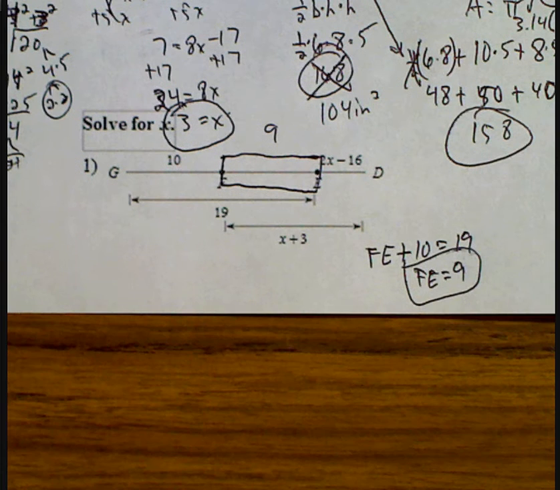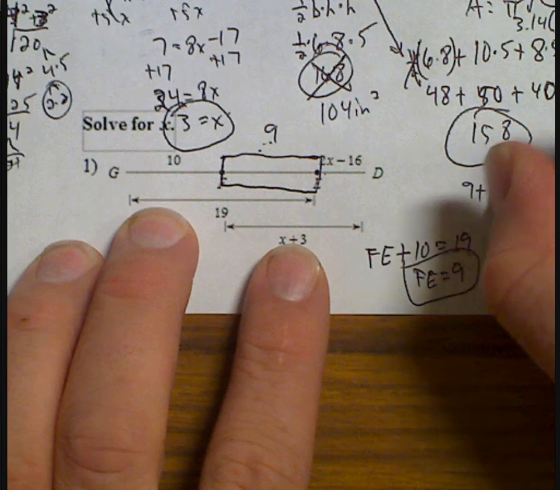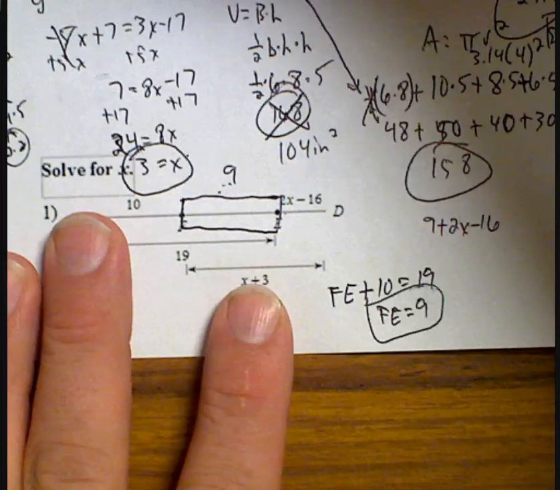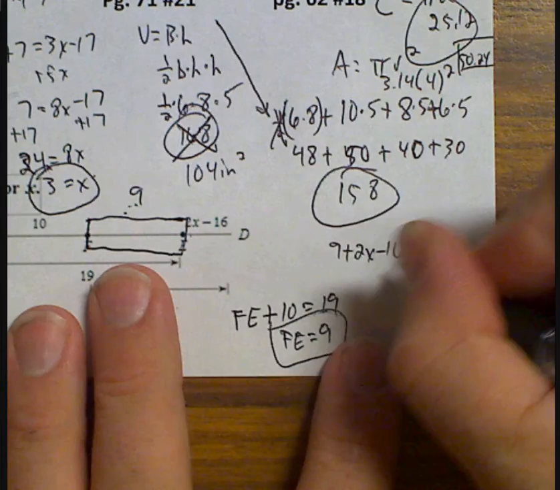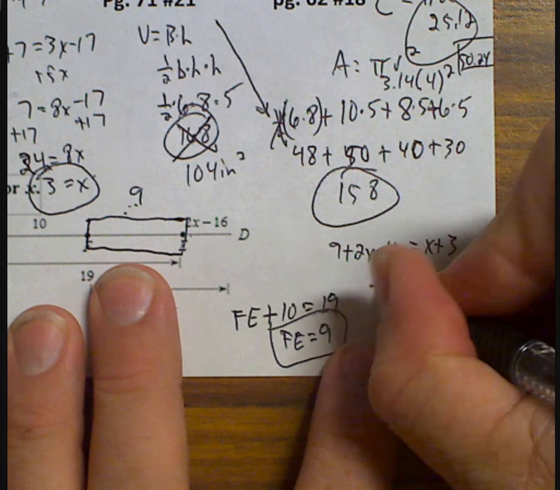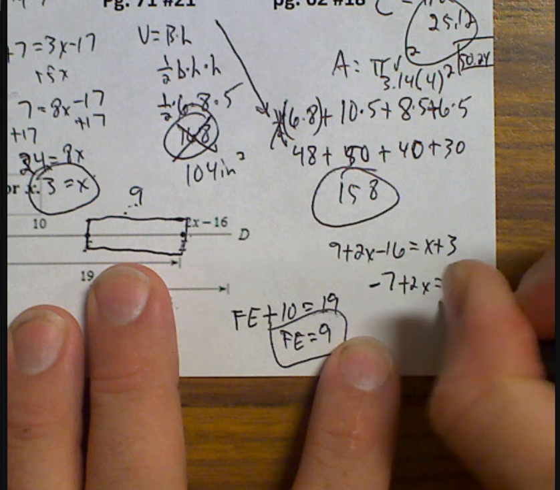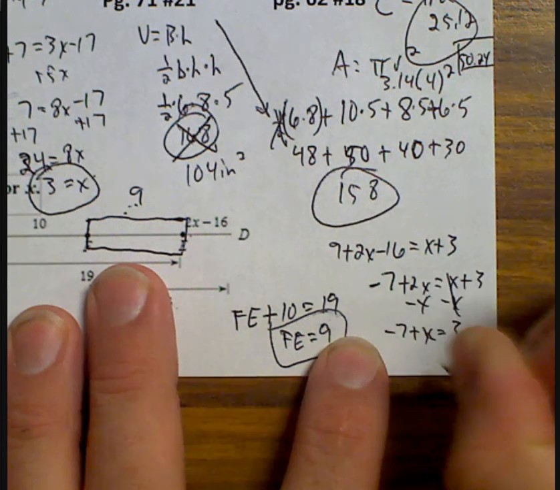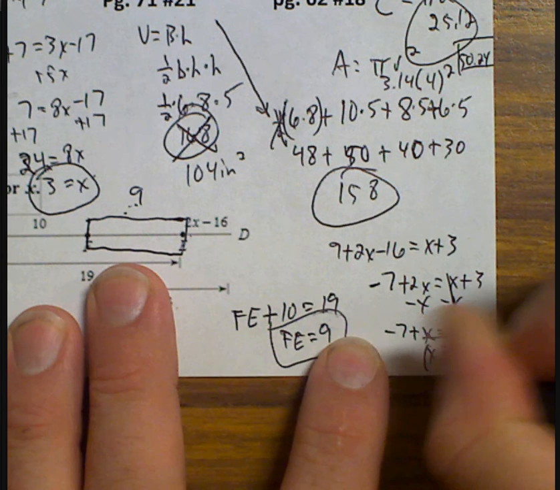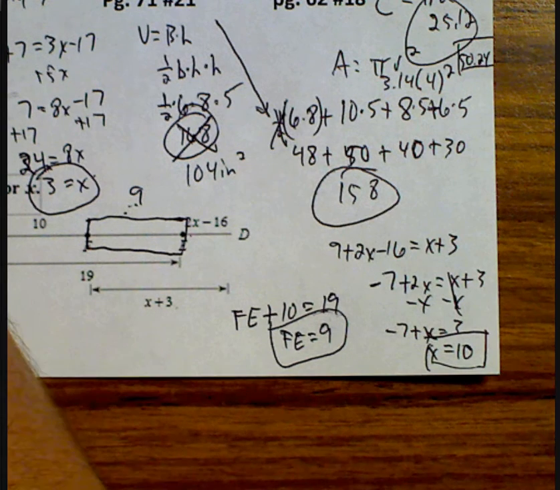If FE is 9, then I also know that 9 plus 2x minus 16 has to equal x plus 3. Now I'm on my way. 9 minus 16 is negative 7. Get rid of an x. So negative 7 plus x equals 3. So x has to be 10. So I found x. And we are done.